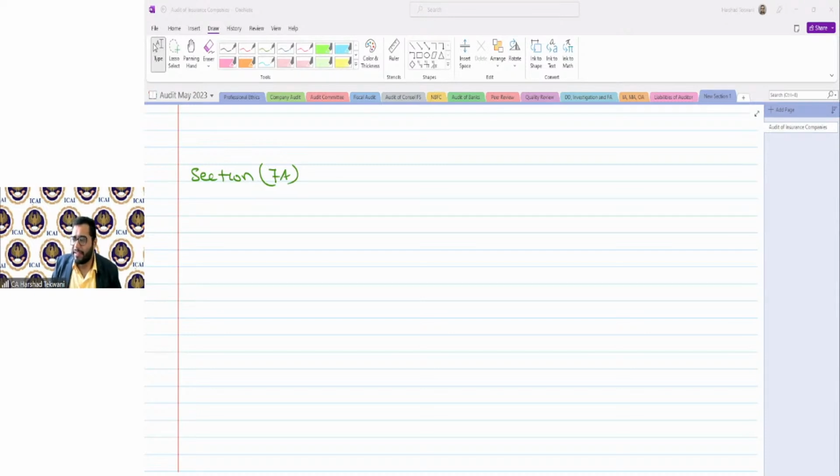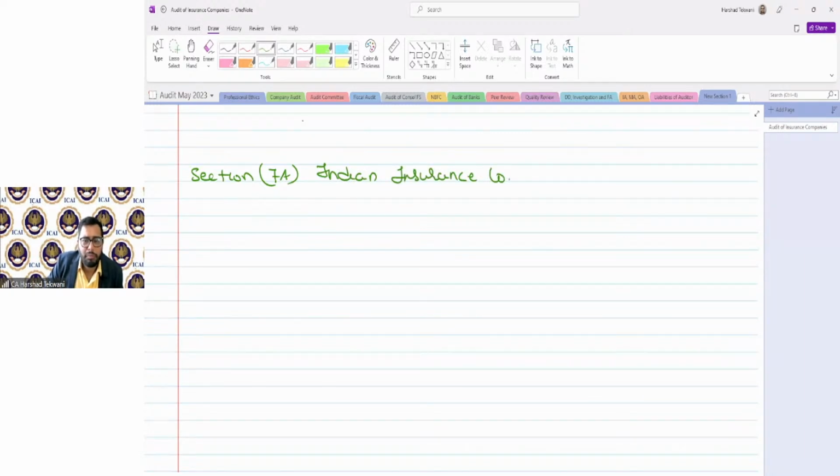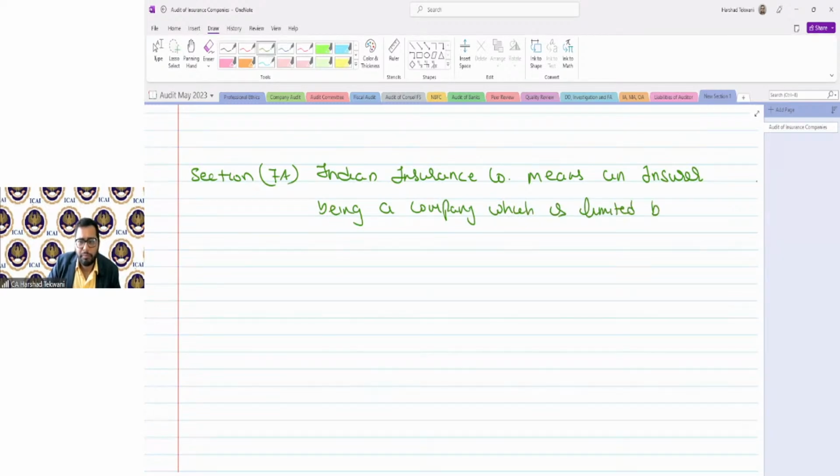So what it says is that Indian insurance company means an insurer being a company, limited by shares, which is formed and registered under the Companies Act.